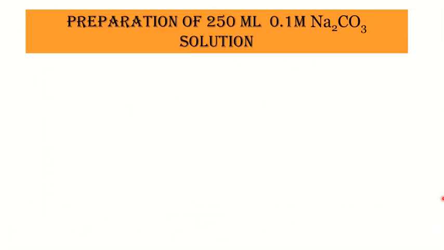Now, preparation of 250 ml 0.1 molar sodium carbonate solution. Same way, 250 ml 0.1 molar sodium carbonate solution. You need a 250 ml volumetric flask, but you don't know how much sodium carbonate is needed.